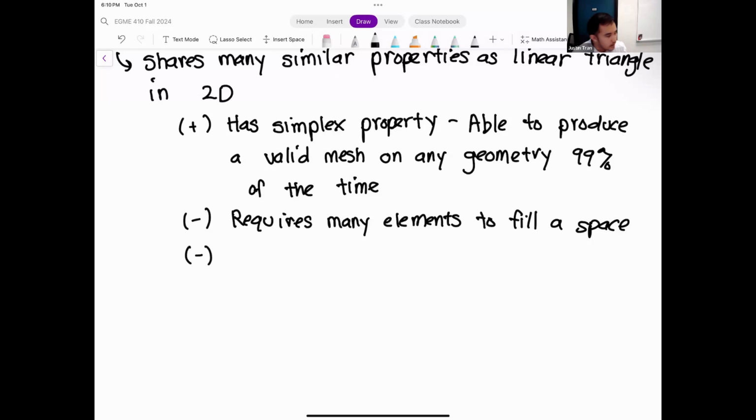All right, another downside, so we talked about this one quite a bit last Thursday, is that the shape function does not have any cross terms or higher order terms. So the shape function is just a pure linear function for each of the 3 dimensions.